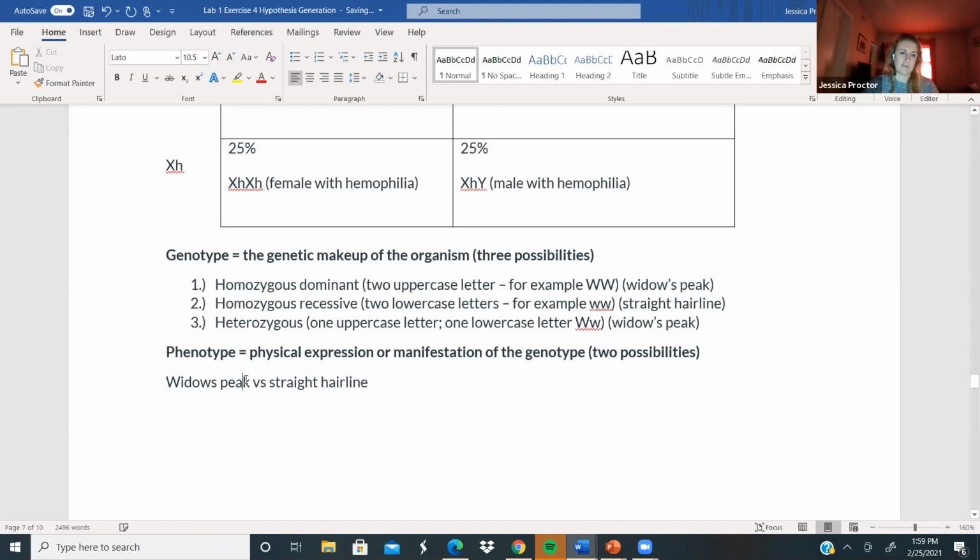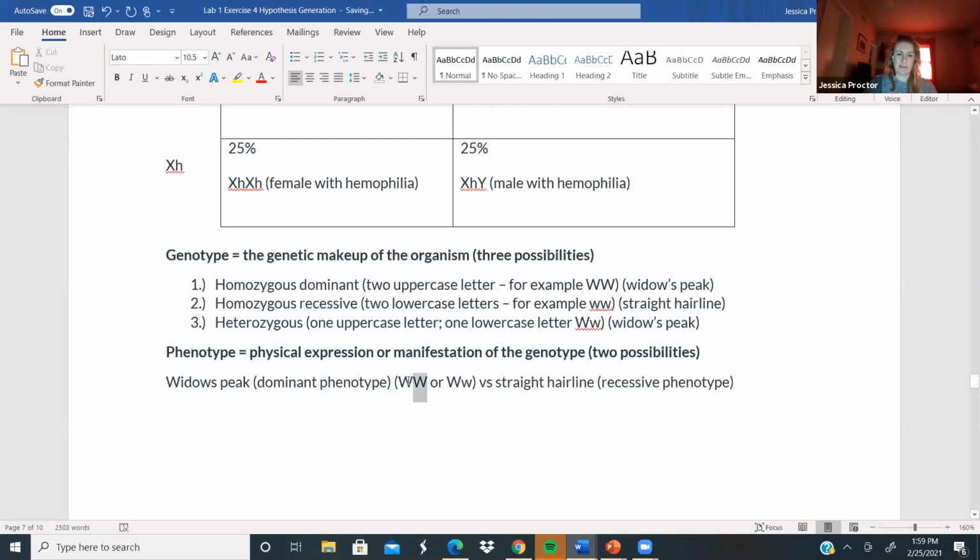So widow's peak is the dominant phenotype. And then the straight hairline is the recessive phenotype. Okay, so as long as you have at least one capital W, you're going to have a widow's peak.